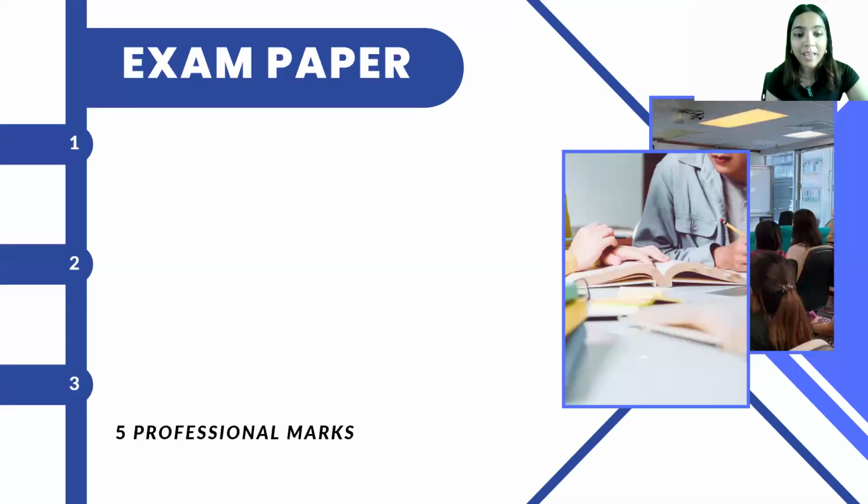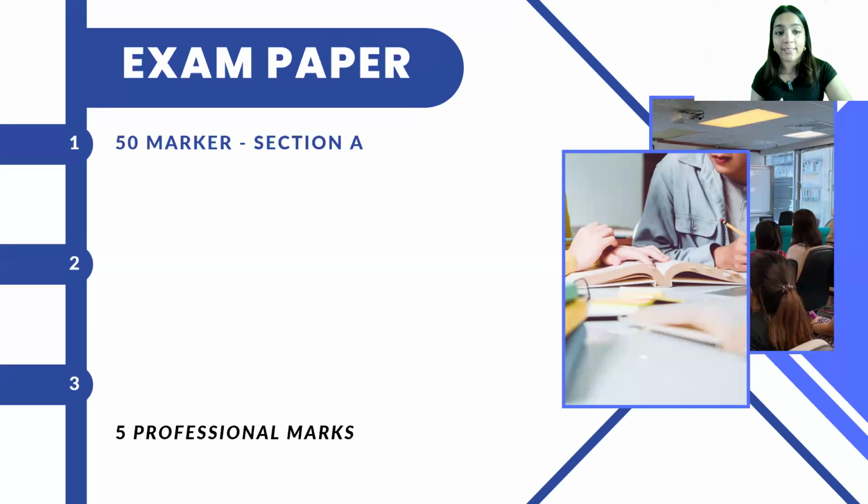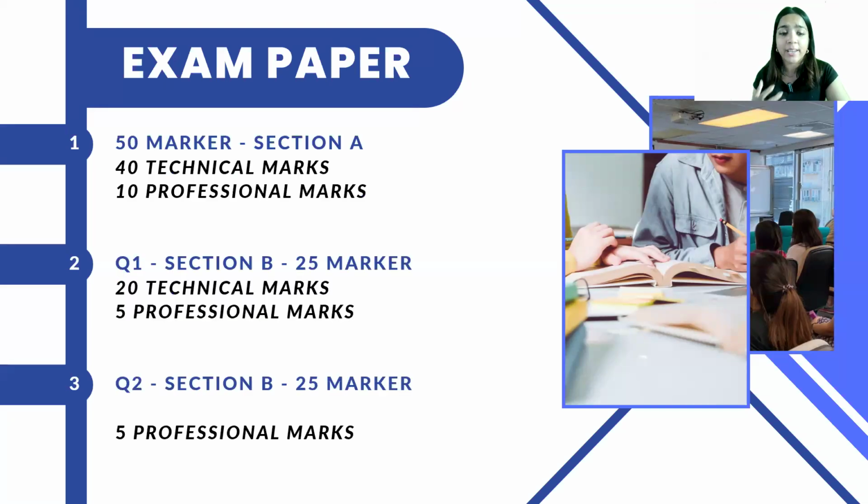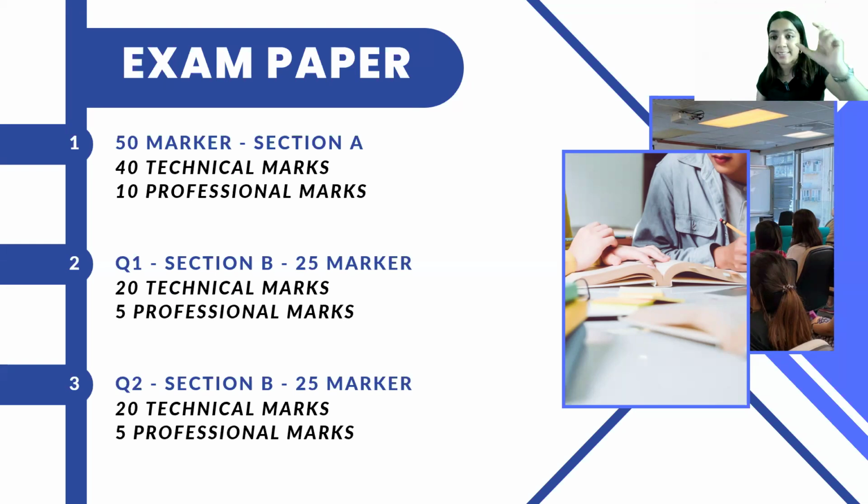This is the biggest reason why we read the examiner's report. Now, when it comes to the exam paper, everybody knows the structure and the marks distribution of 100 marks. 80 would be your technical marks and 20 will be your professional marks. First, 10 professional marks are in section A. Then another 5 marks would be in section B, question number 1, and another 5 marks in section B, question number 2.